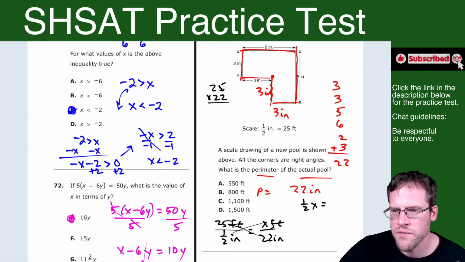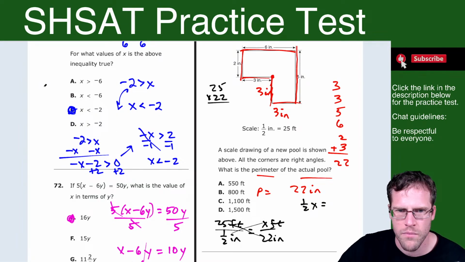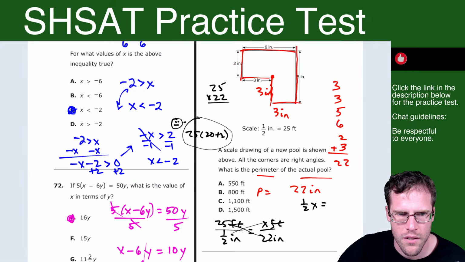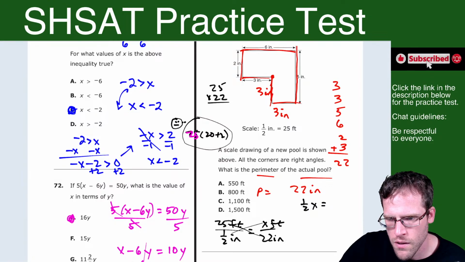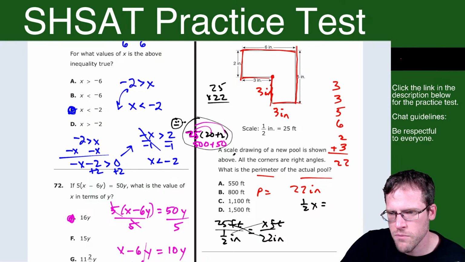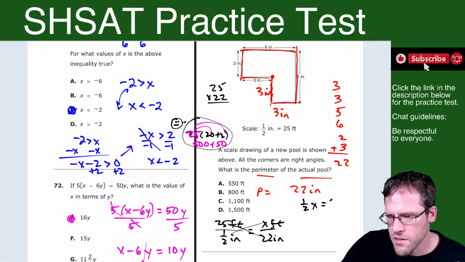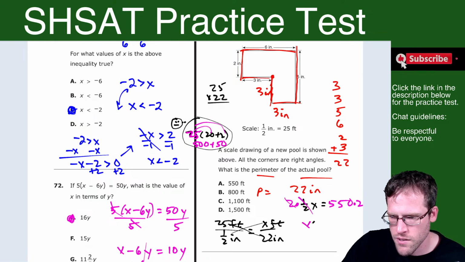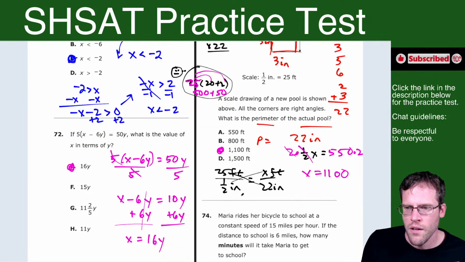Or you could say 500 plus 50 is 550. That works if you want to do a little mental math. Mental math trick: what I'm doing in my head is 25 times 20 plus 2. That's 500 plus 50. So 550 would be this. And then double it to get x by itself. 2 times a half cancels. x equals 1100. So 1100 feet I'm going with.